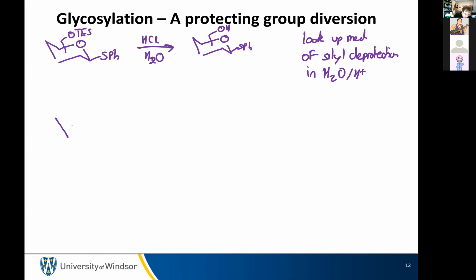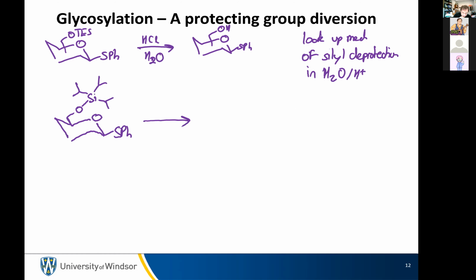But with TIPS, it's really, really hard. The problem is that it's so hindered that the water acid thing doesn't work very well. The acidity required to take it off is normally so strong that the rest of your molecule is going to start falling apart.